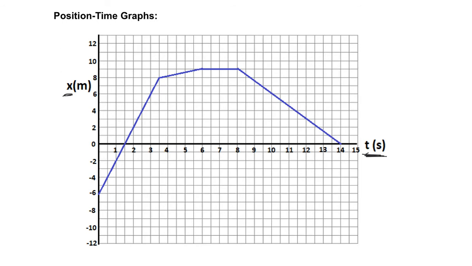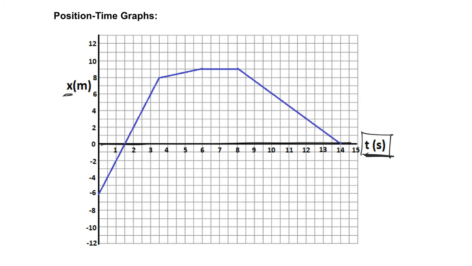So over here horizontally, we're looking at time. As I move along the horizontal axis, that means my time is getting bigger. And as I move along this vertical axis, that means my x, or horizontal position, is changing.